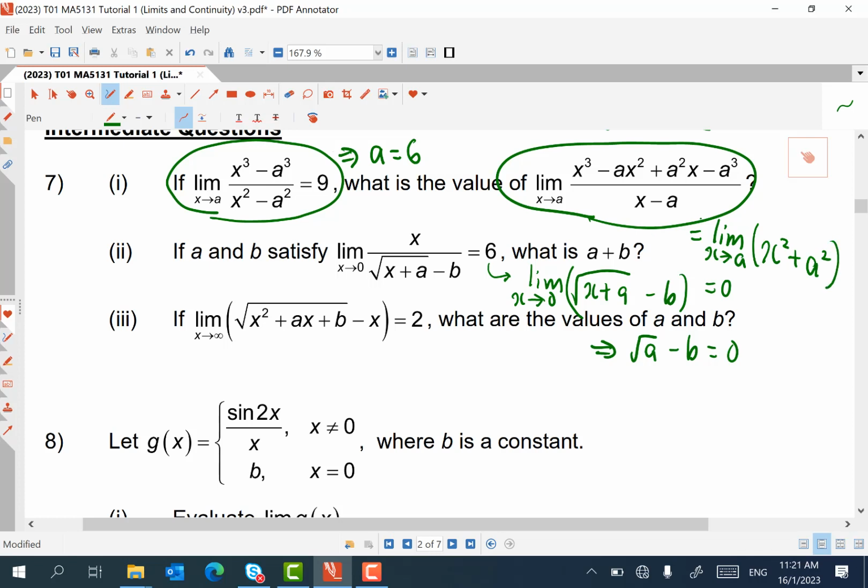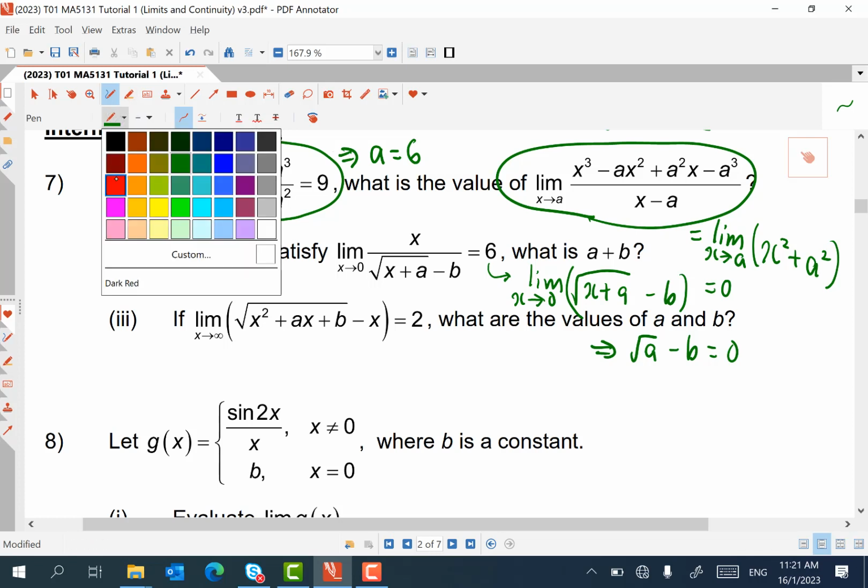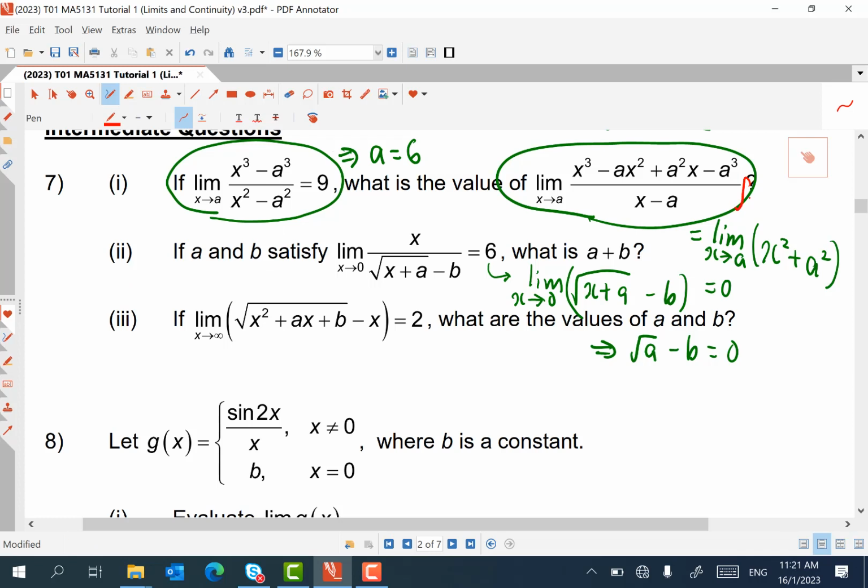From here to here, he uses purely factorization. So by finding the value of A from the first limit, coupled with factorization on the second limit, he managed to conclude that the required answer is 72. Good.